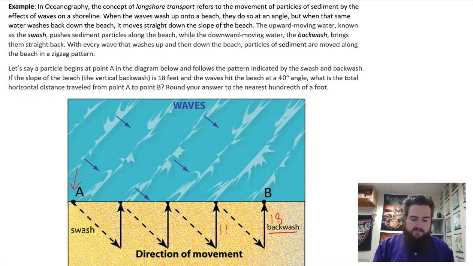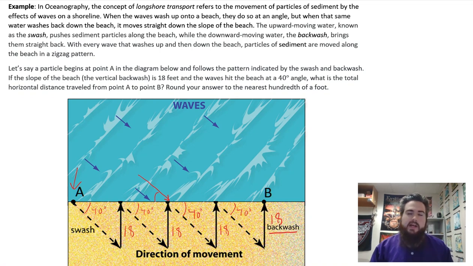That's going to be 18 feet in each of these triangles. We also have that the waves hit the beach at a 40-degree angle. If they're hitting the beach at this 40-degree angle, that also means that the angle measure inside of each of these right triangles on the beach is 40 degrees.